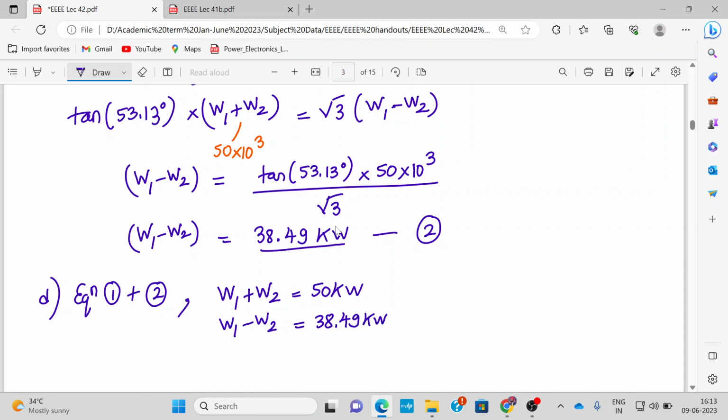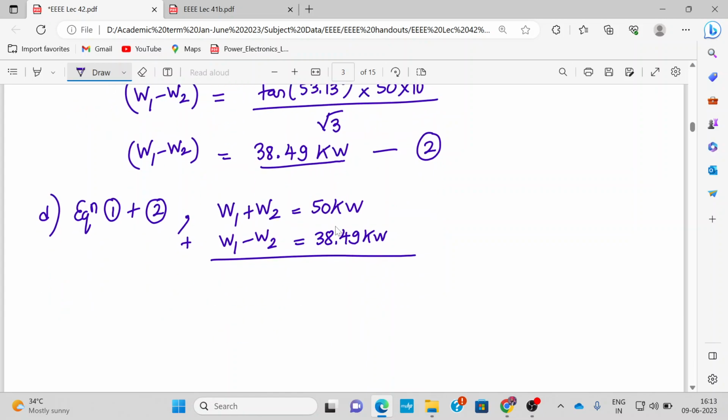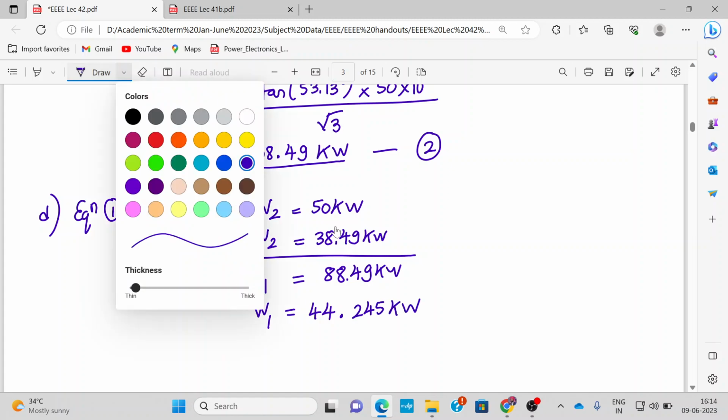So if you add them together, what are we getting? Your W2 gets cancelled, and we get 2W1 is 88.49 kilowatt. So this gives us the value of W1 as 44.245 kilowatts. So that's the answer.